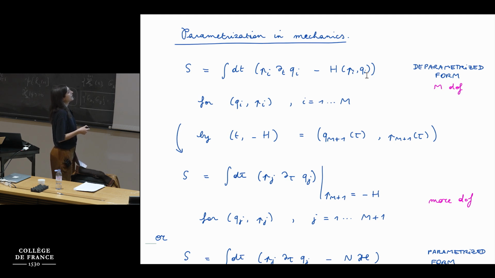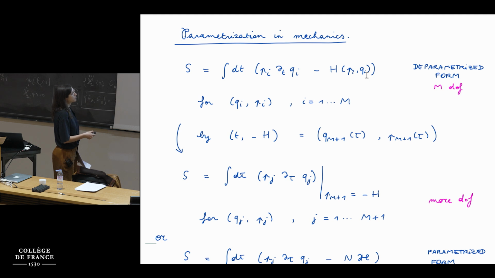And now I can take the time and the Hamiltonian, group them together, and interpret them as an extra canonical pair. I call them q_{m+1} and p_{m+1}, depending on an arbitrary parameter tau. If I do that, then the second term in the action takes the same form as the first term. So the whole action looks like this, where now j runs over one extra canonical pair.